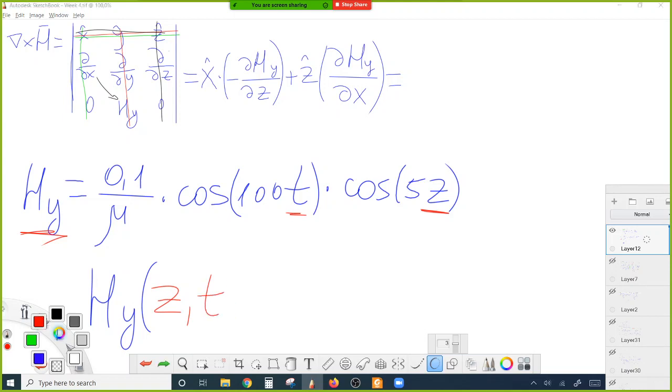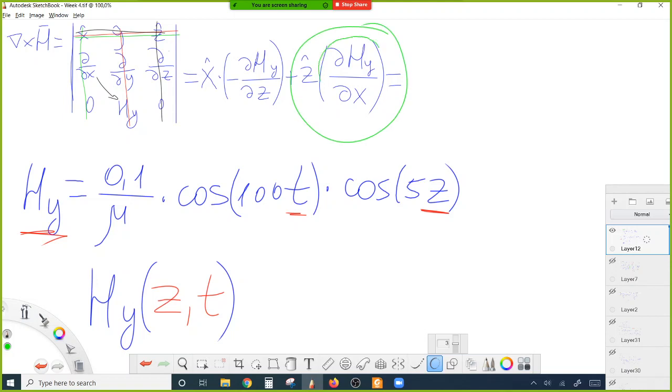Component Hy is a function of z and t, only a function of z and t. Now let's look at this term.